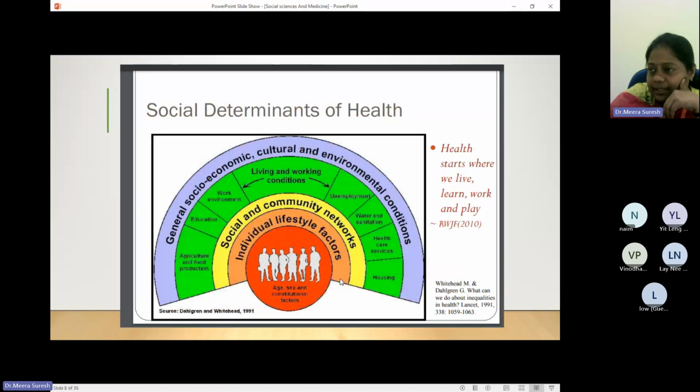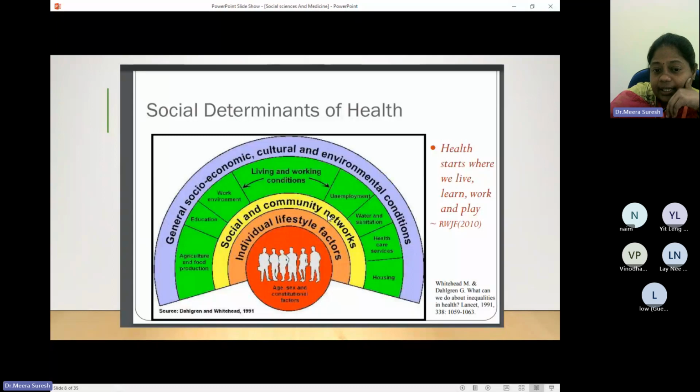This is under one. I just put some examples of the various frameworks that are used whenever we describe the social determinants of health, or the determinants of health per se. So you can see in the center are the individual factors, the person's personal factors like age, sex, and constitutional factors.